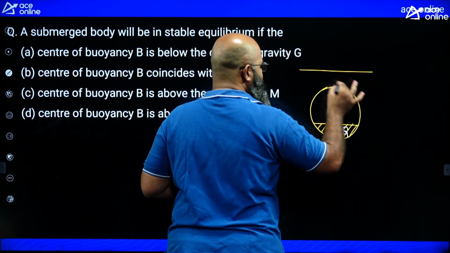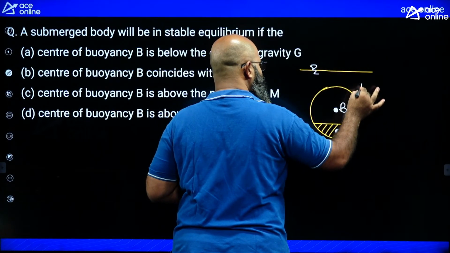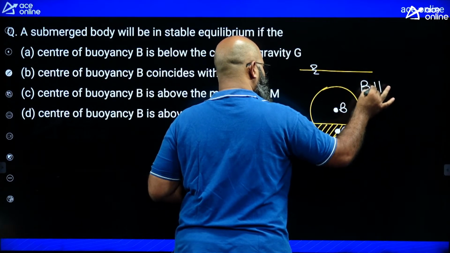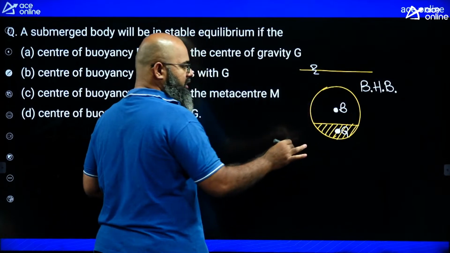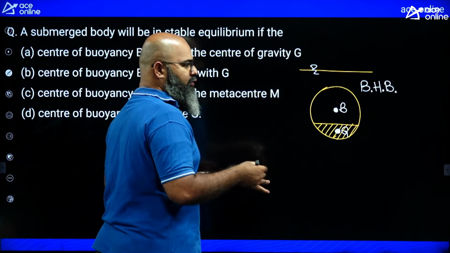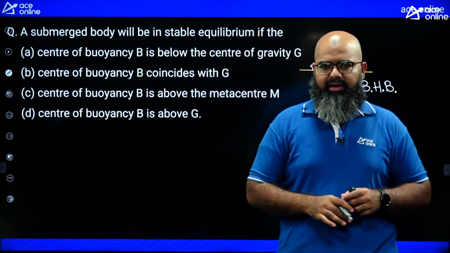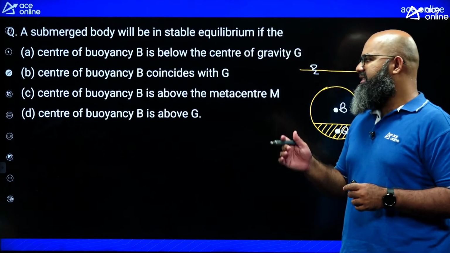These are called bottom heavy bodies. And bottom heavy bodies have low potential energy, therefore high stability. Remember, low potential energy, high stability.